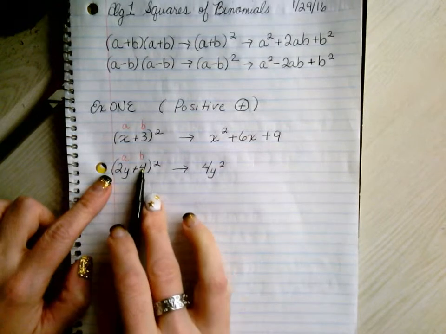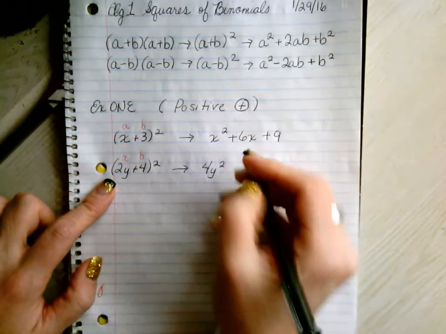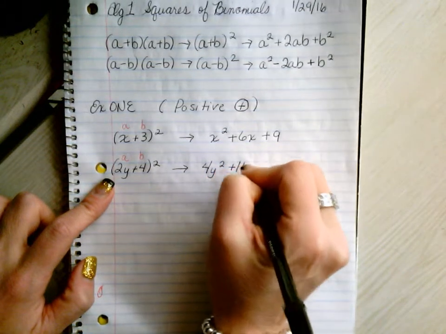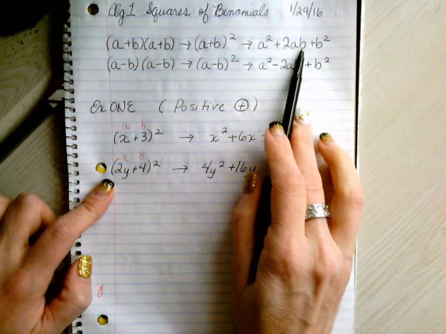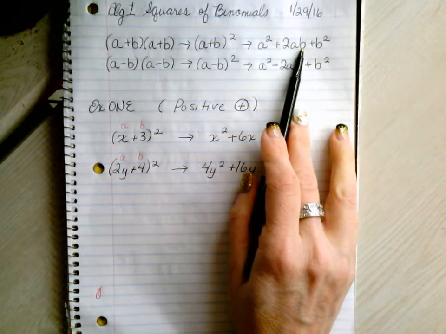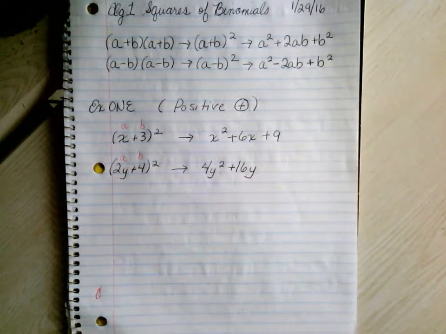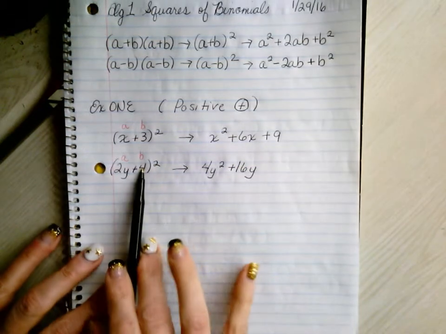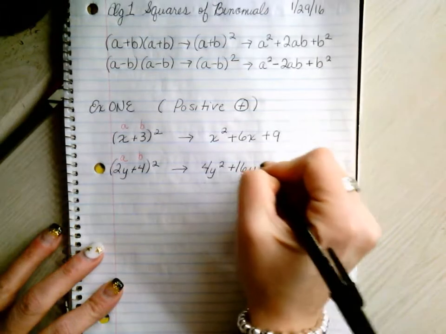The product of a and b is 8y. Double it. 16, because you have to double the product of a and b. Whenever I talk through this, I will say a times b is this, doubled is that. That's my mantra. B squared. 16 it is. Good.